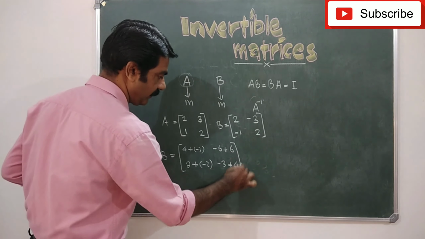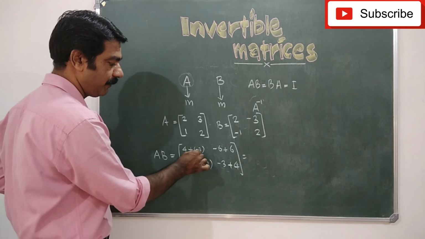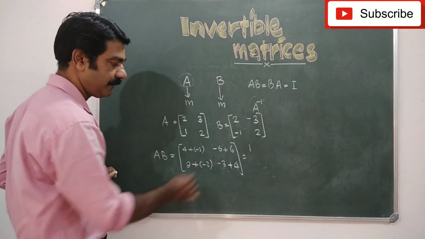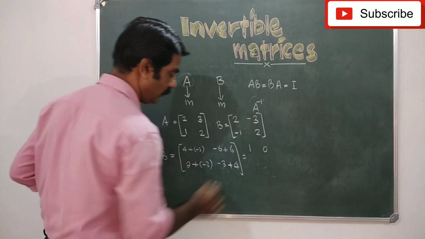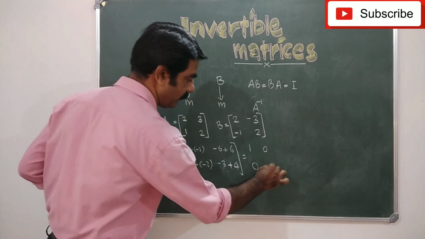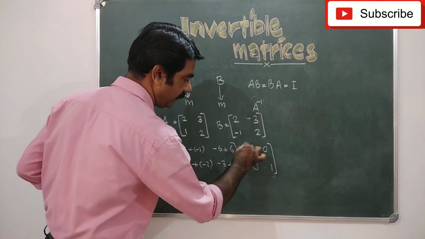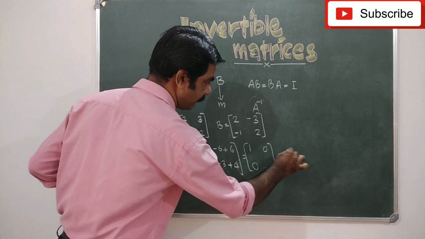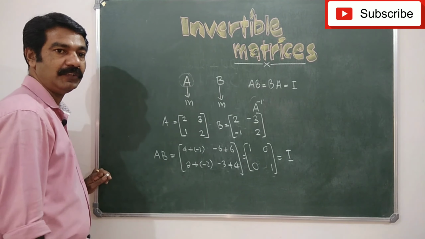What is the answer? 4 plus minus 3 is 1. Minus 6 plus 6 is 0. 2 plus minus 2 is again 0. Minus 3 plus 4 is 1. So the answer is I.